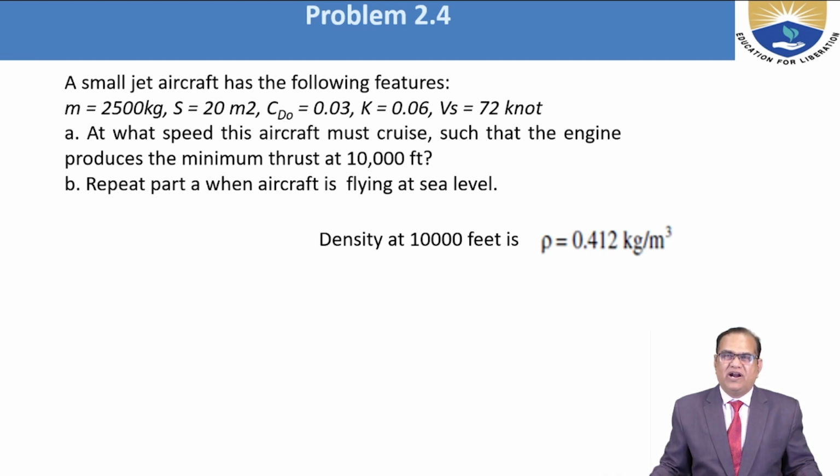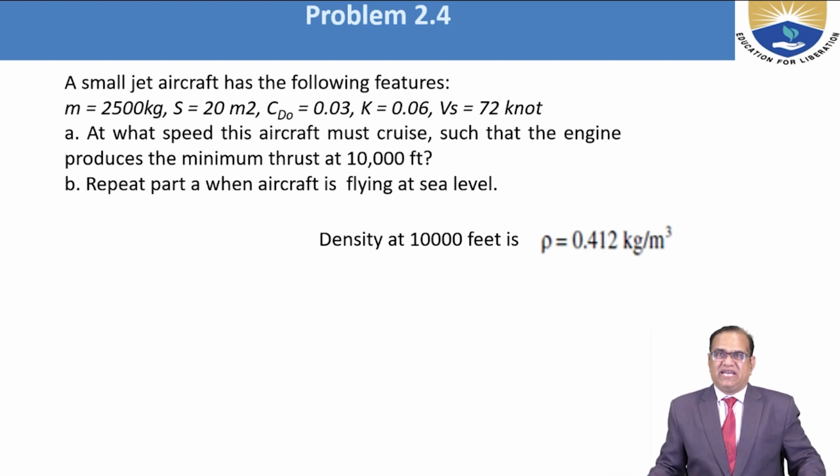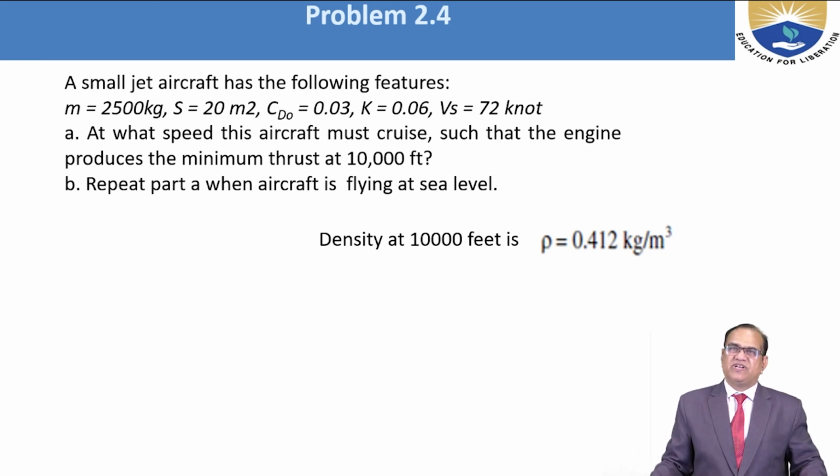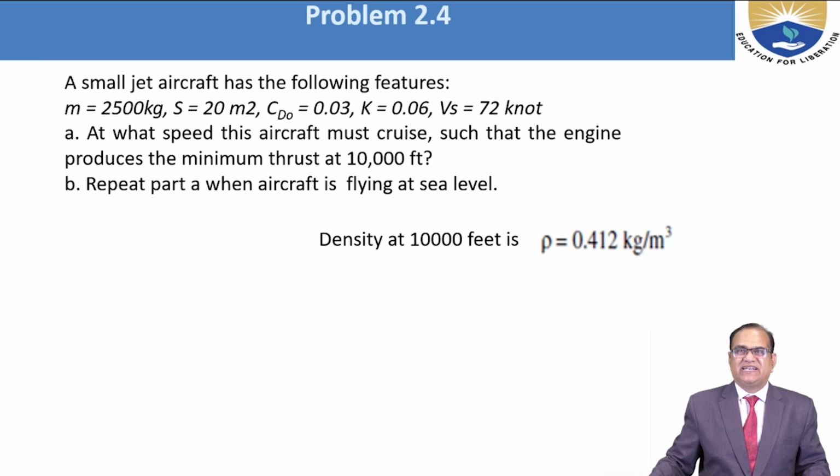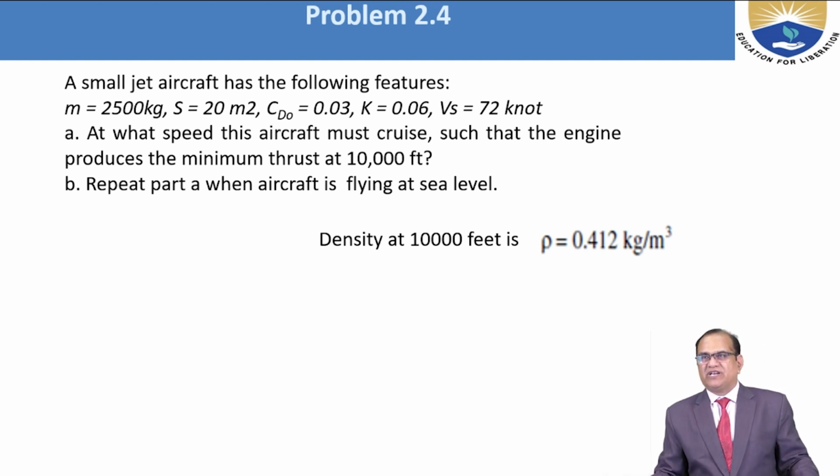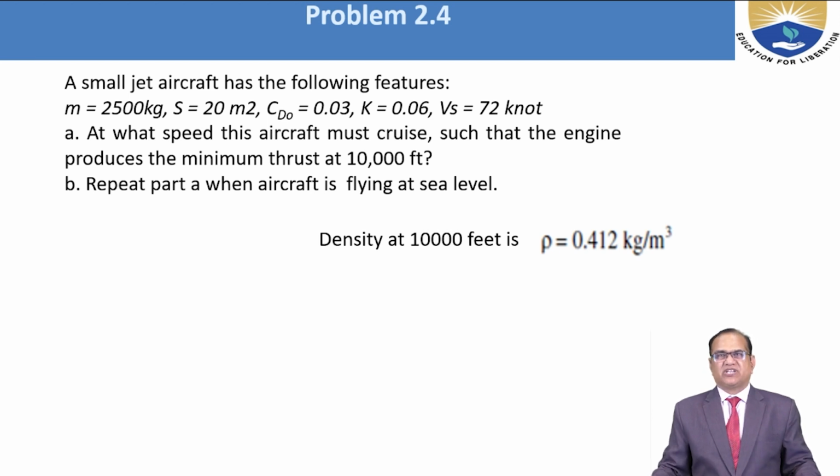A. At what speed must this aircraft cruise such that the engine produces the minimum thrust at 10,000 feet? B. Repeat part A when the aircraft is flying at sea level. The density at 10,000 feet is given as 0.412 kg per meter cube.